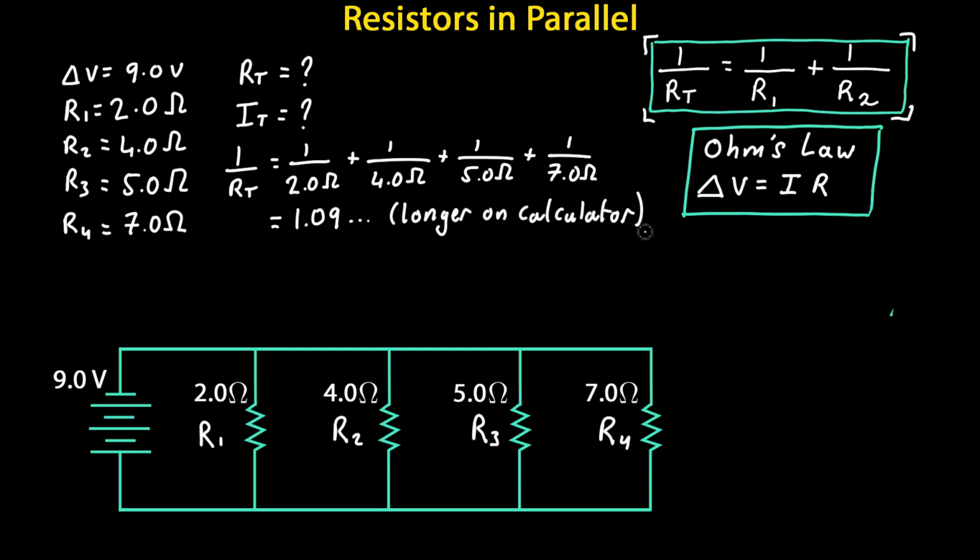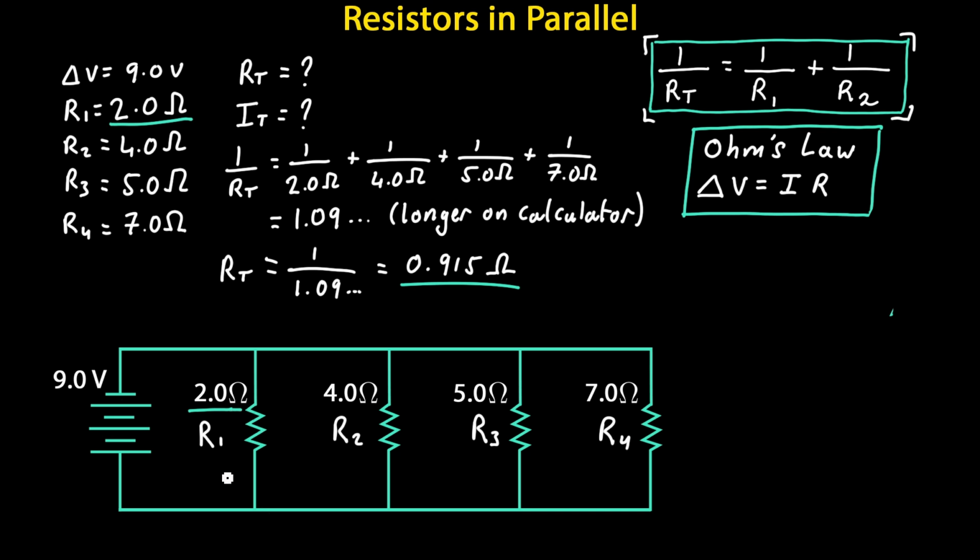So when we rearrange our reciprocal equation so that we can make the total resistance the subject, 1 divided by this number gives us a value of 0.915 ohms to 3 significant figures. And again, notice here that the total resistance is smaller than the smallest resistance in the circuit, which is 2 ohms.